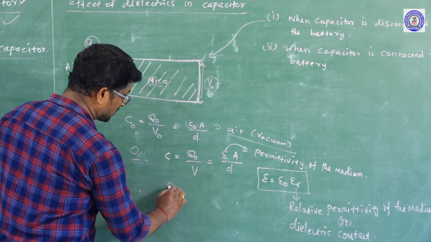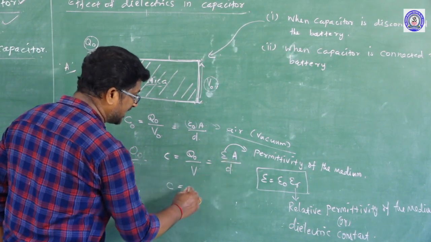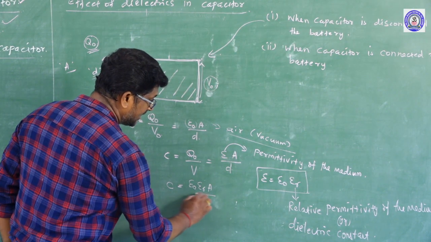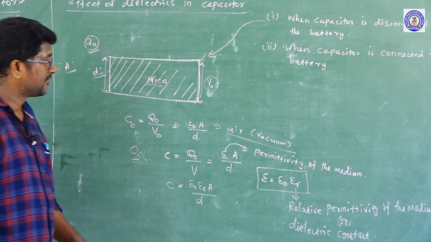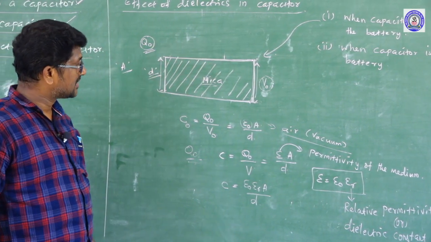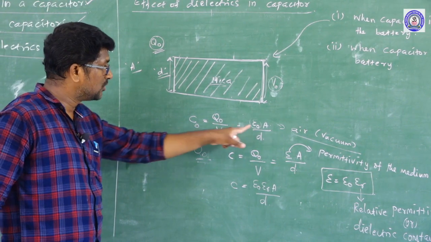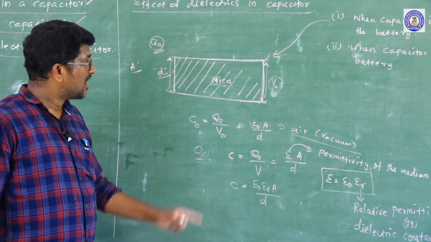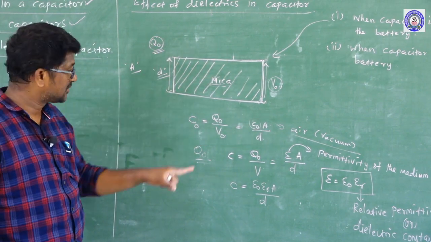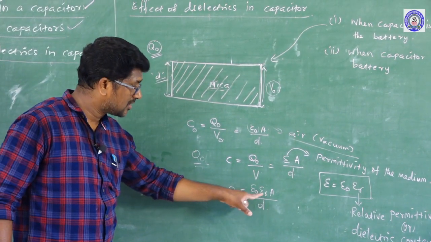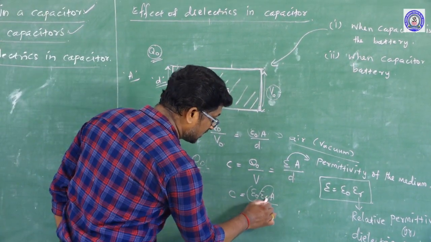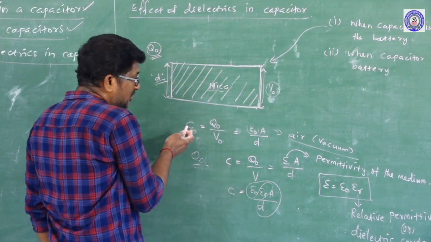So, the capacitance of a dielectric filled capacitor can also be written as epsilon naught epsilon r A divided by D. Before the mica material is introduced between the plates of the capacitor, capacitance C naught is equal to epsilon naught A divided by D. After introducing the mica material in between the plates, its capacitance becomes C is equal to epsilon naught epsilon r A divided by D. Here epsilon naught A divided by D is equal to C naught.